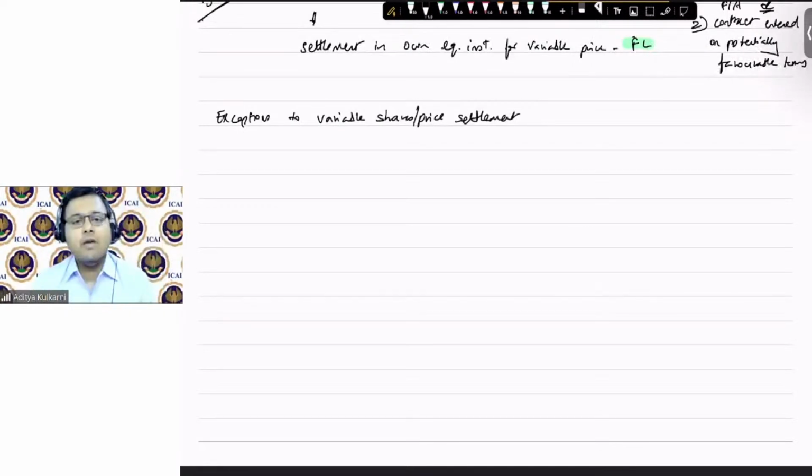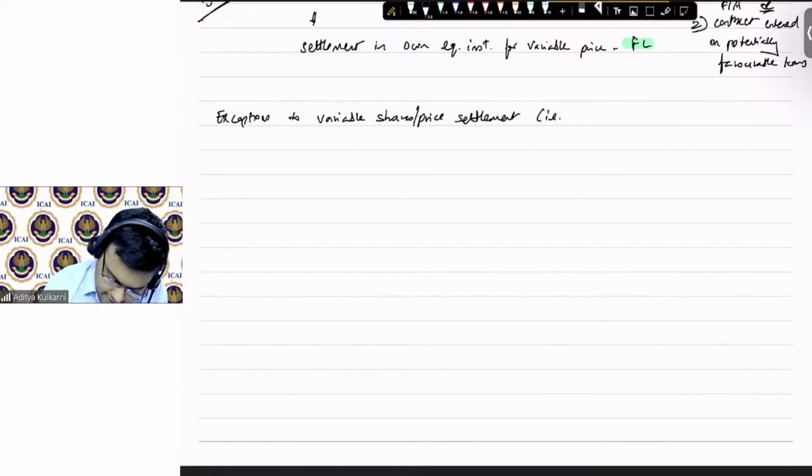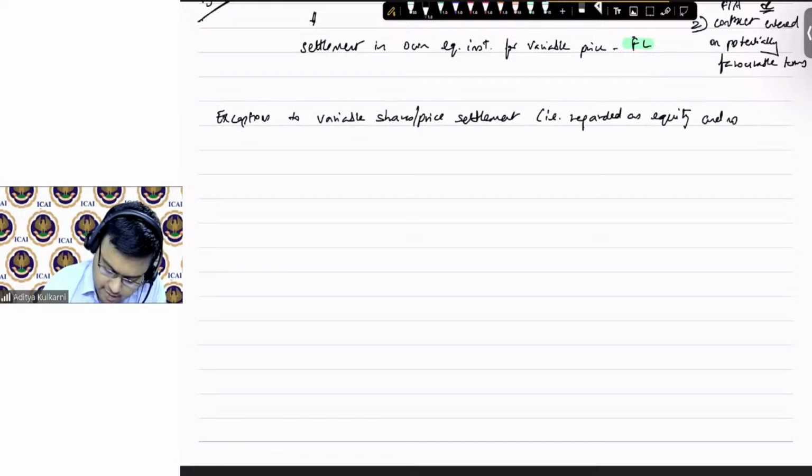Ordinarily, these should be financial assets or financial liabilities, but they will still be regarded as equity. You can write in brackets: regarded as equity and not financial liability. That is the meaning of exceptions.